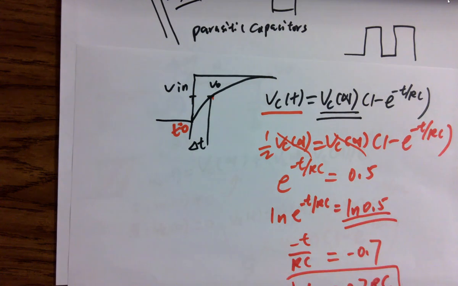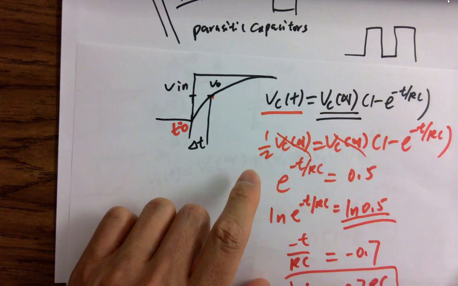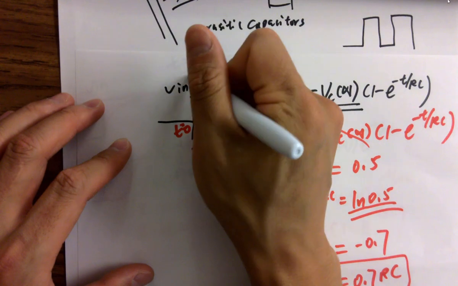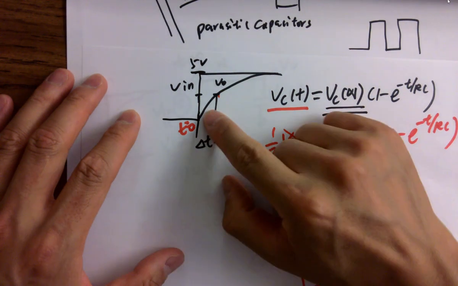Okay, so I guess that's my confusion. So why did you make the infinity from t to infinity on the left-hand side? Because VC infinity is actually given. After a long time, we know VC infinity will be the input voltage, which is basically 5 volts here, right? Because this is VC(t).